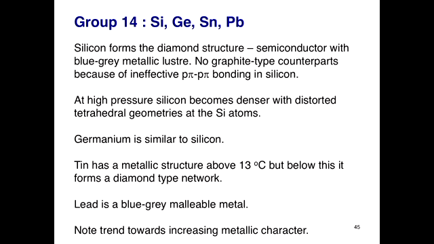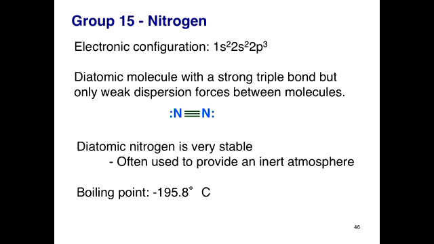And we get down to tin, we consider tin to be a metal. And finally lead, that is certainly a metal. Tin does adopt a form which is slightly less metallic at low temperature, but the general trend is to go from carbon to lead, we're going to a greater metallic character, with a crossover point somewhere between germanium and tin, we might say, where we cross over to a metal.